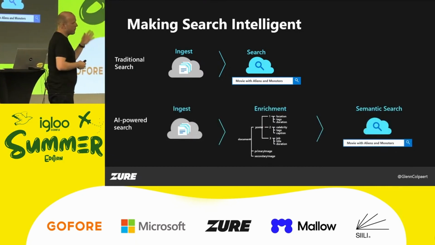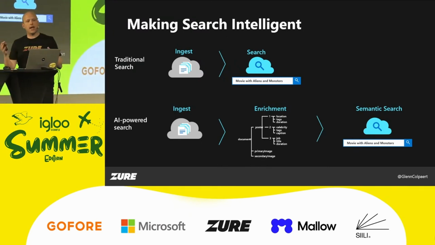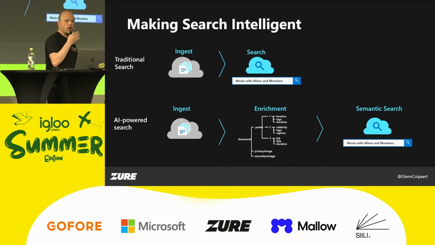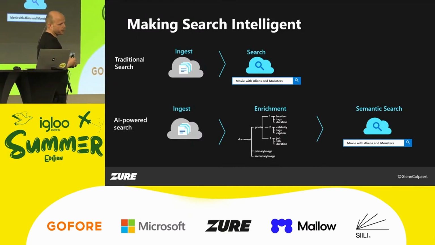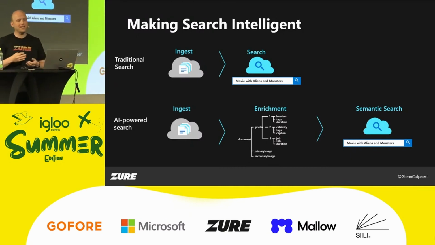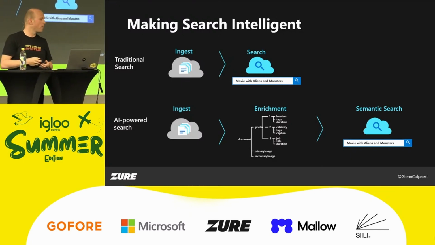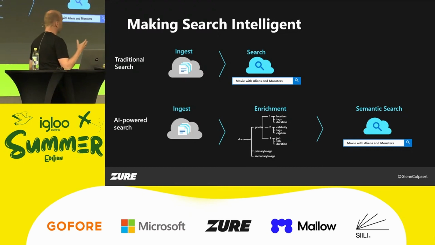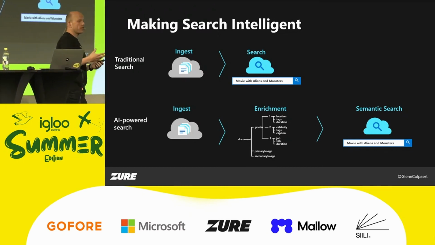So we have our data ingestion, and then we have a thing running on top of that that starts enriching the data. And then basically what you can do is a more semantic search on top of that data, where you really extract all the information you need.